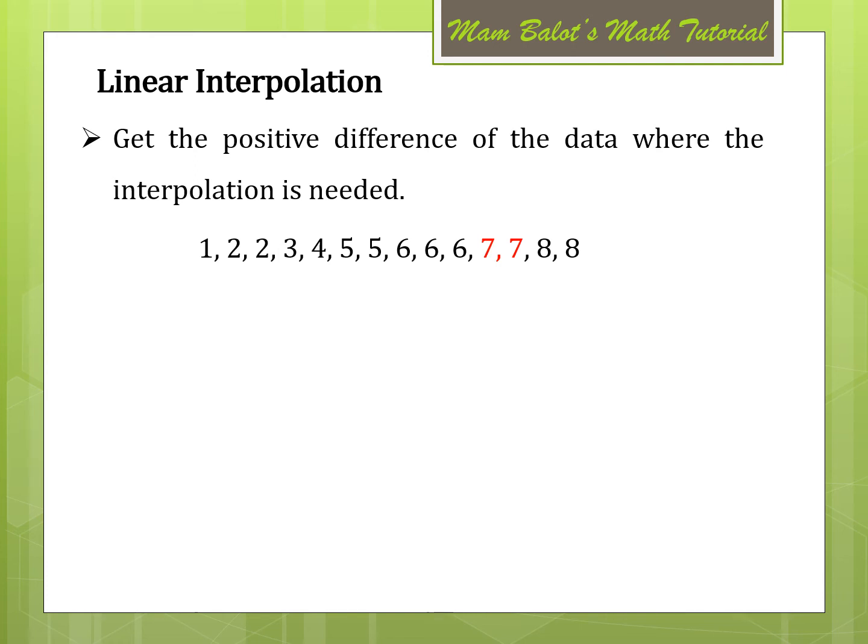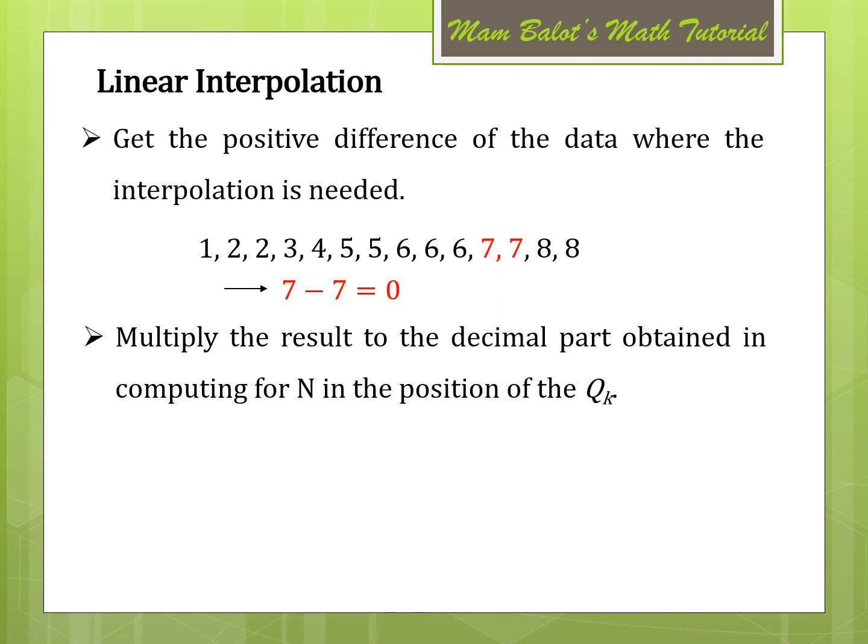So we need to get the difference of them, which is 7 minus 7 is equal to 0. Next is to multiply this result to the decimal part of n. And since our n is 11.25, the decimal part is 0.25. So multiply this one to the positive difference, which is 0. So we have 0 times 0.25 is also equal to 0.